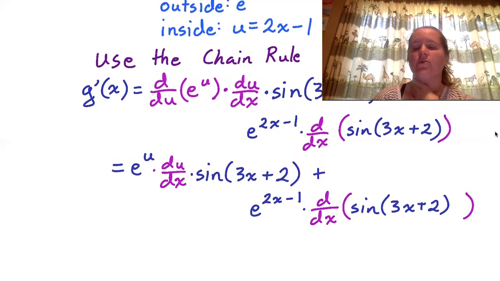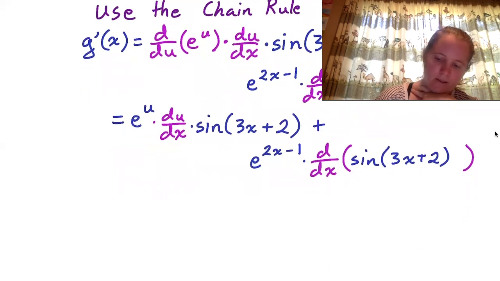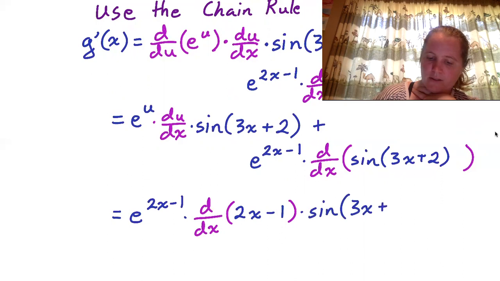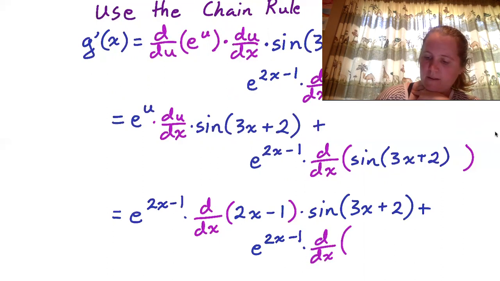So our u was 2x minus 1. So we have e to the 2x minus 1 times the derivative with respect to x of 2x minus 1 times sine of 3x plus 2 plus e to the 2x minus 1 times the derivative with respect to x of sine of 3x plus 2.